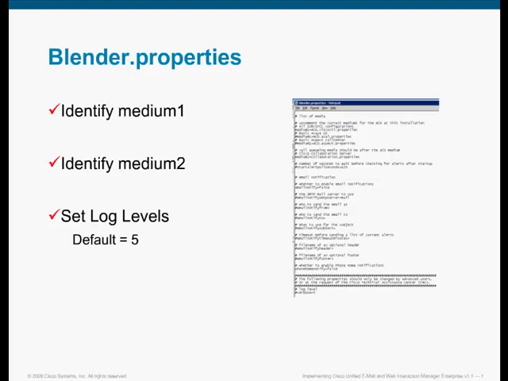If this deployment is integrated to an Avaya, then uncomment media 1 equal ACD.asai.properties. Medium 2 should be uncommented by default. This is a queuing media, in this case the Cisco Collaboration server. By default, the log level is set to 5.